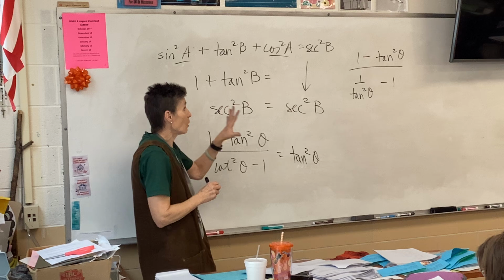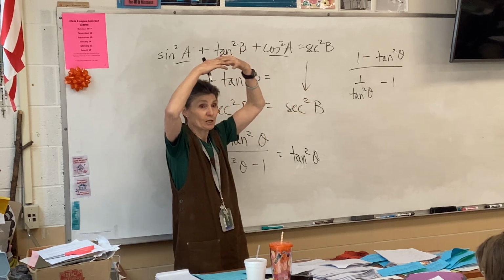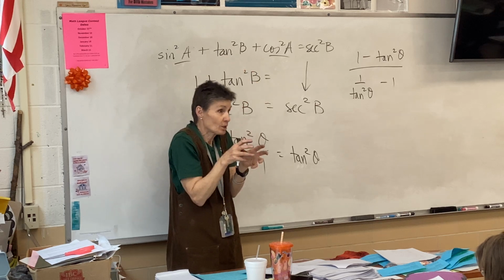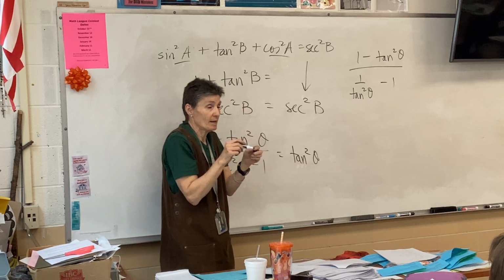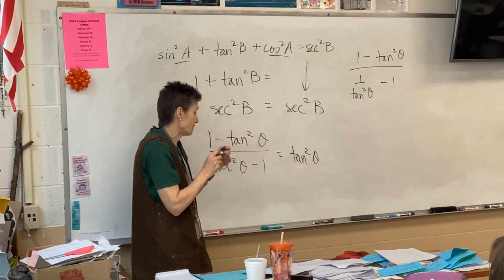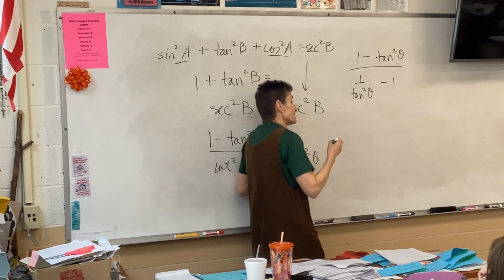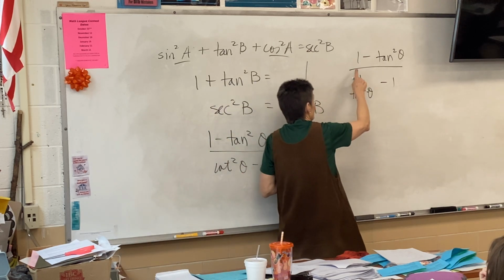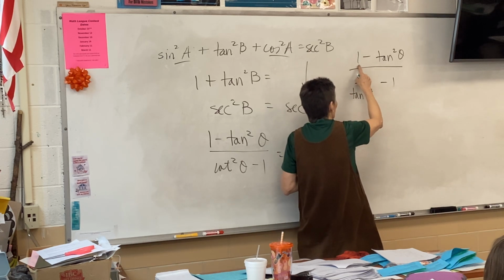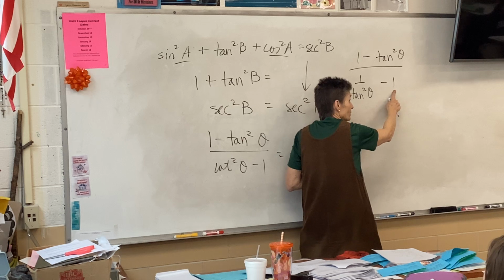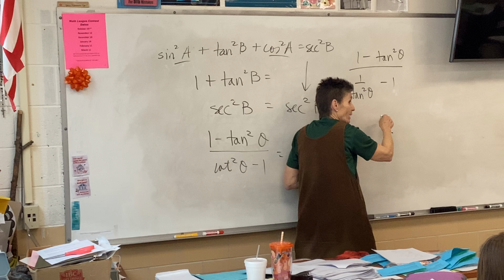Now, this is called a complex fraction. It is a big fraction with a littler fraction inside of it. The easiest way, and you can do this other ways, I don't want to infringe on what you already know how to do or are comfortable with, but the easiest way is to look at the 4 parts of the problem and say, okay, what's the common denominator of the 4 individual pieces? tan squared.